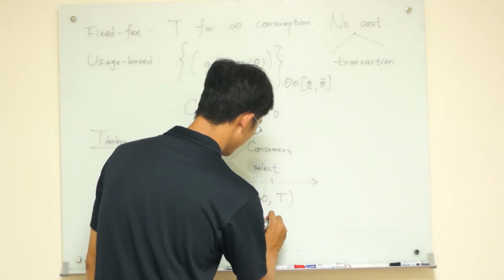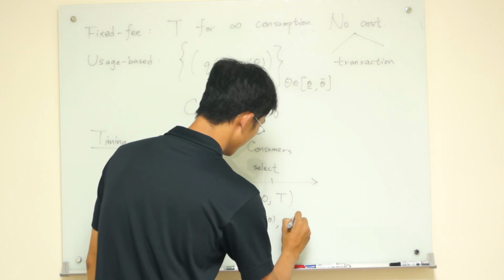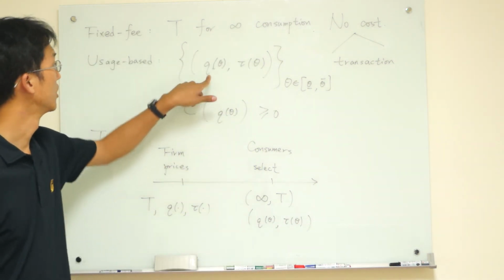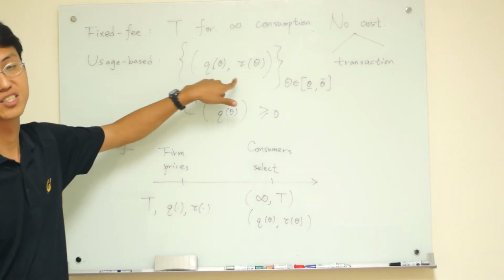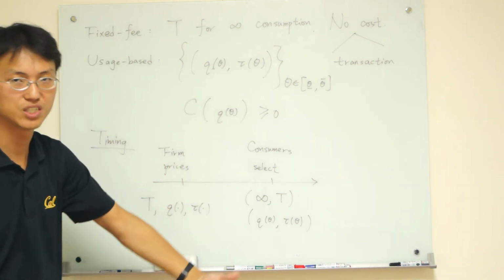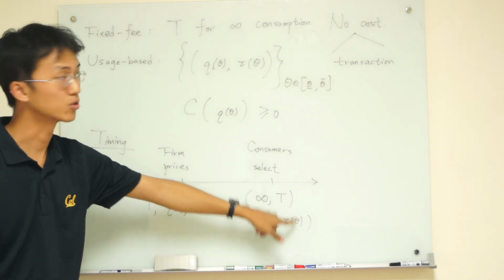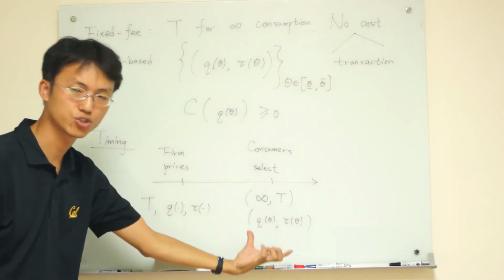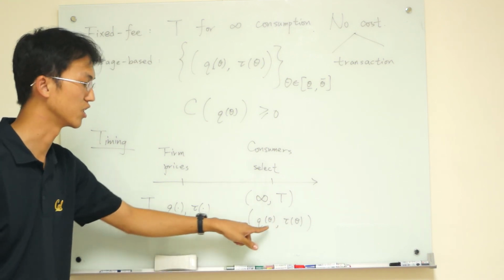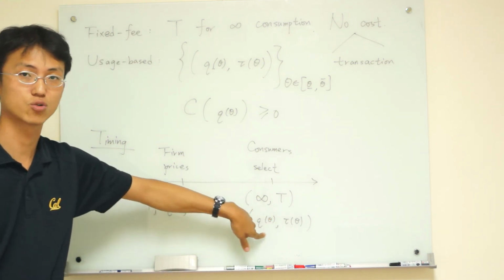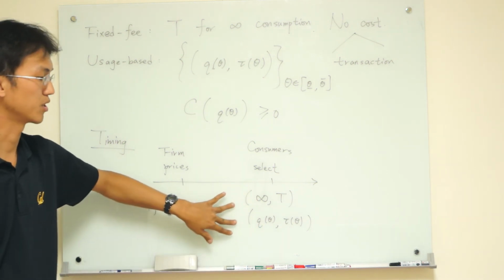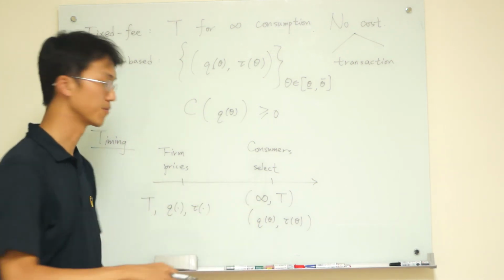Or you may choose to use the usage-based pricing plan. But as we expect, this is going to be incentive compatible, and that's why if you choose usage-based, eventually in equilibrium you're going to choose according to your type. So we can exclude all other possibilities for false reporting.